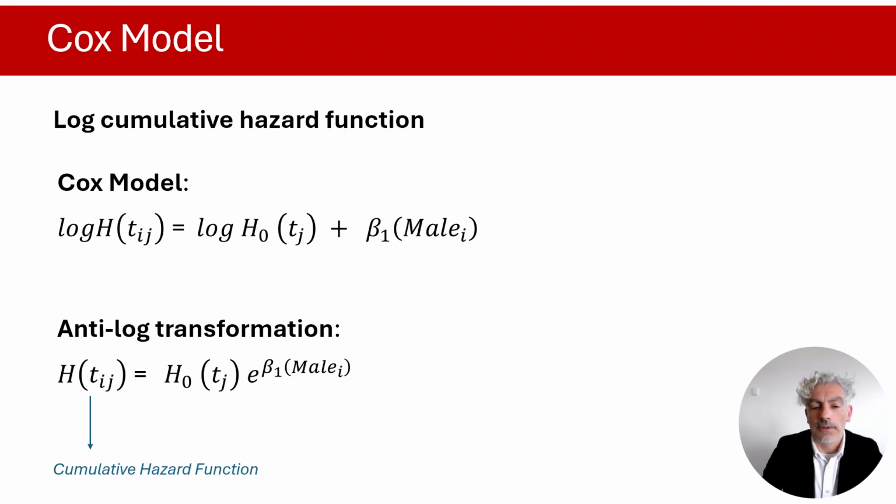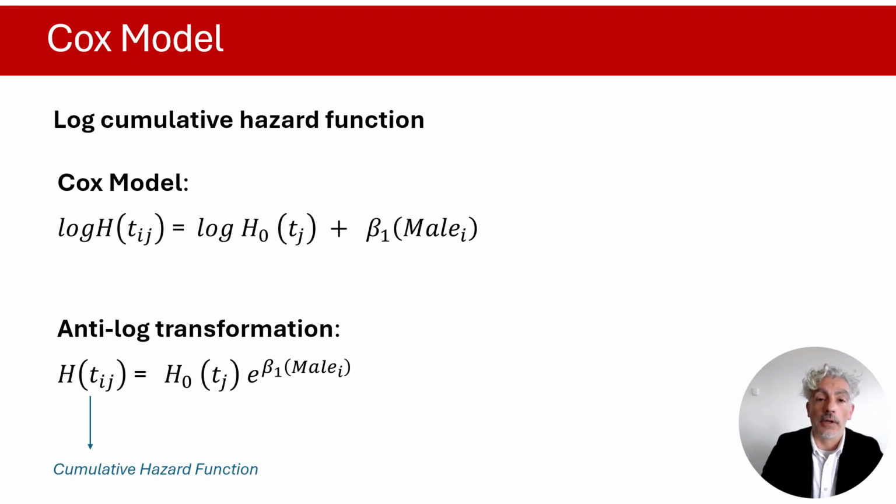So this should highlight an important characteristic of the model: when we are considering the model in terms of the log cumulative hazard function, we are assuming a linear relationship between the estimated outcome and the predictors.